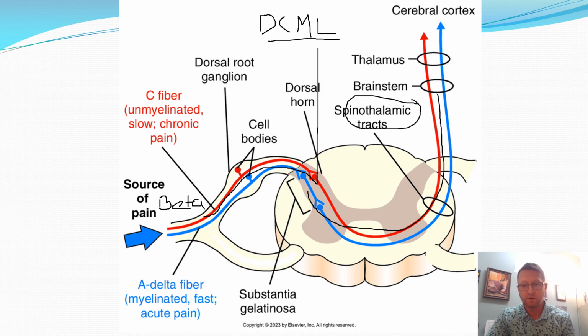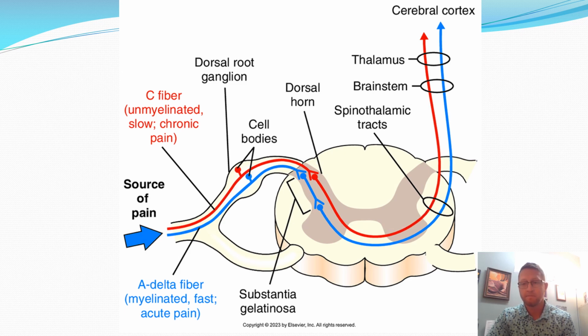So again, dorsal column, medial lemniscal pathway, non-noxious stimulus. Input from the C fibers, input from the delta fibers, noxious stimulus sent up through the spinothalamic tract. As long as you know that for now, I will be very happy. So please come see me or ask me questions if you have any further thoughts on that.